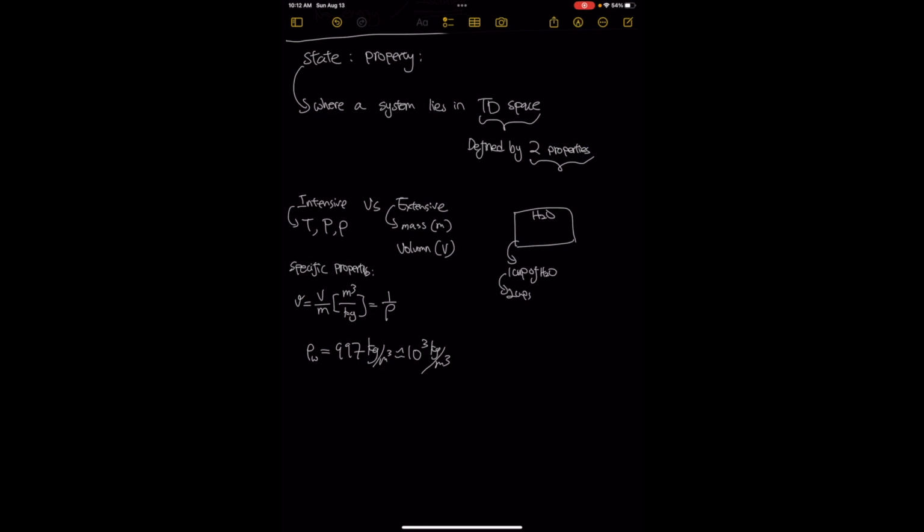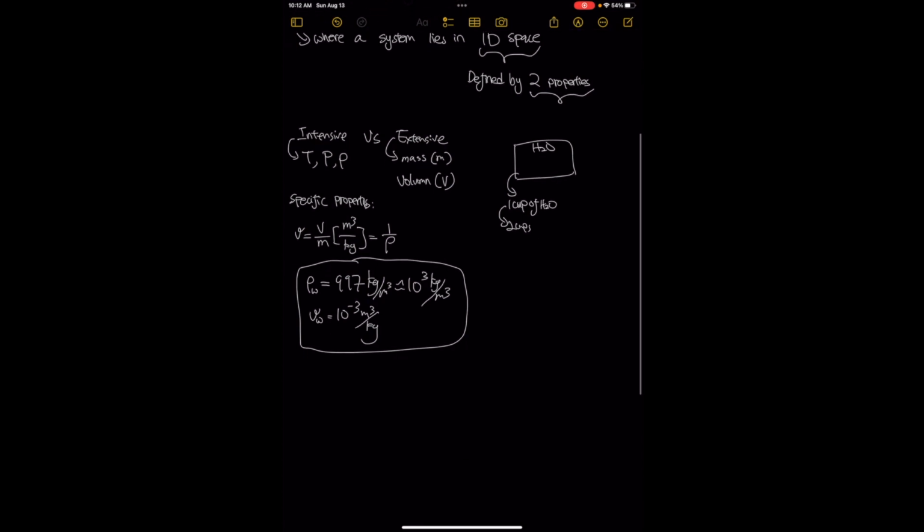And how about specific volume for water in that case? It will be the inverse, so 10 to the power negative 3, right? And don't forget to flip the unit, right? This is something you should always remember in the back of your head, okay?